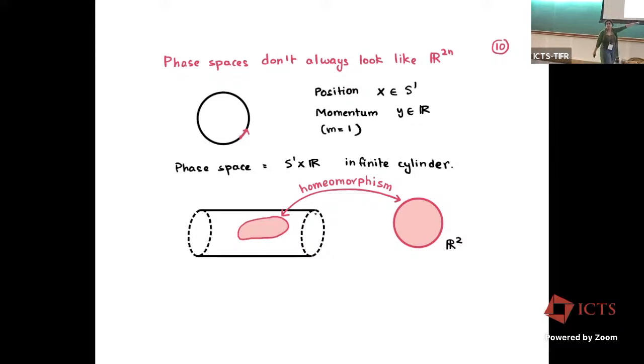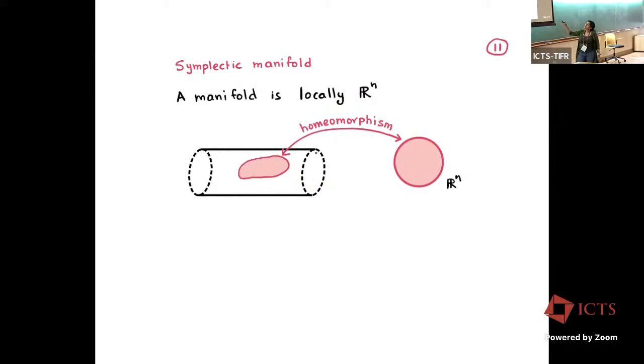This business has a name. It's called a homeomorphism. In fact, in this case, because we want to do some taking derivatives and all, it has to be a diffeomorphism. But we will just stick to this. Just think that in small patches, it looks like R^2 only. So such an object is called a manifold.